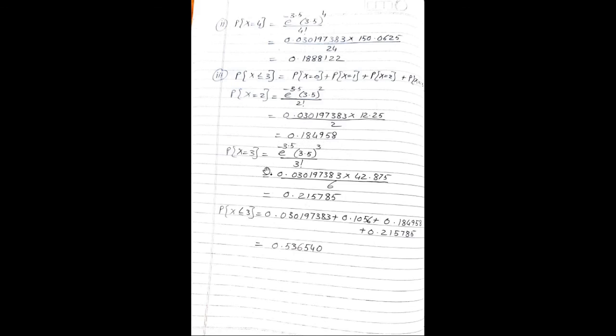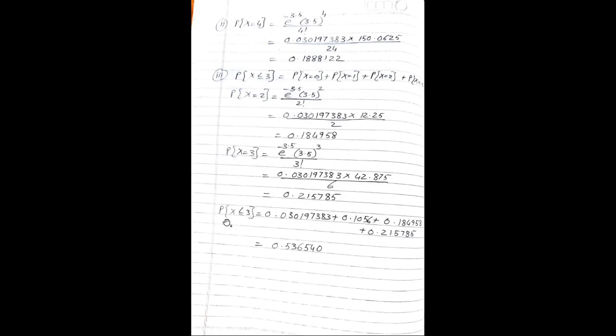0.184958. Then probability X is equal to 3 can be written as e raised to minus 3.5, 3.5 raised to 3 upon 3 factorial. So 3.5 raised to 3, the value becomes 42.875, and 3 factorial is nothing but 6. So the answer can be calculated as 0.030197383 into 42.875 divided by 6, which is equal to 0.215785.